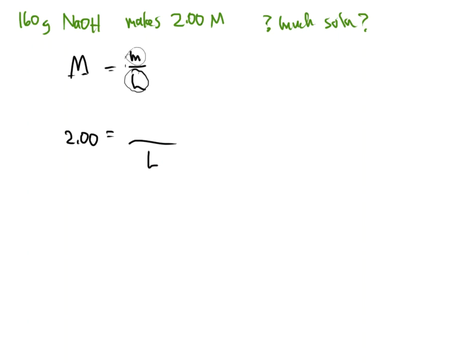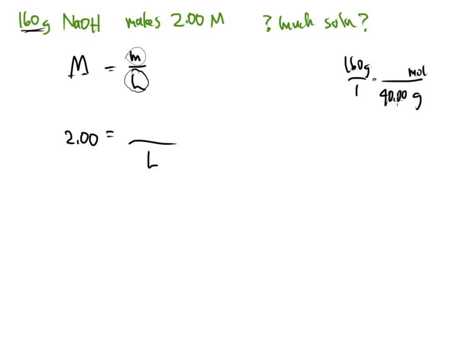So I should be able to get moles from the pieces of the puzzle. And I can. The problem gives me 160 grams, but I know good and well I can convert that to mole. That's not a problem. I'm going to do that over here to the side. So 160 grams of NaOH over 1, gram on top, gram on bottom. I need to get to mole. Well, I need formula weight in order to do that. So 22.99 plus 16 plus 1.01 is 40 grams.